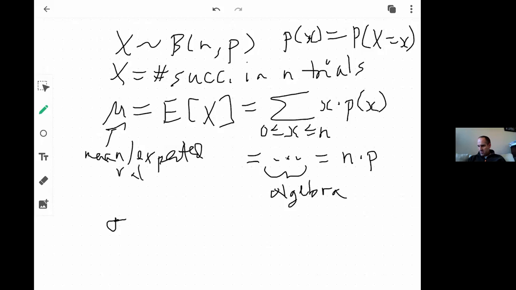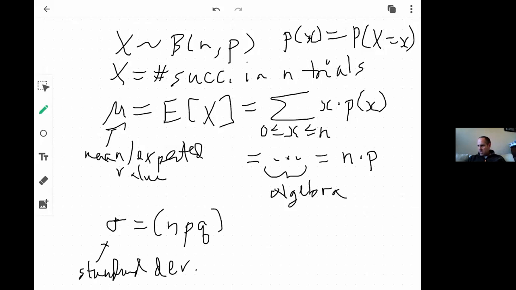Sigma is the standard deviation. And the claim was that for the binomial, this thing was equal to n p q, raised to the 1/2, where q is equal to 1 minus p.